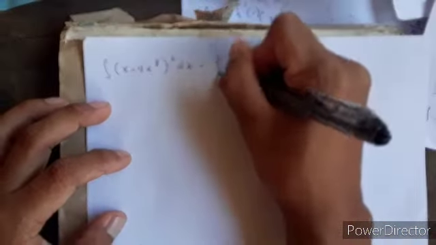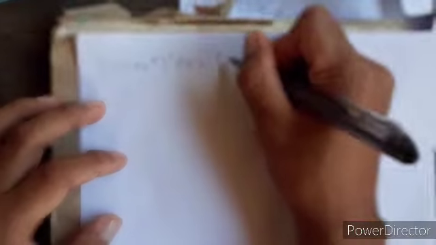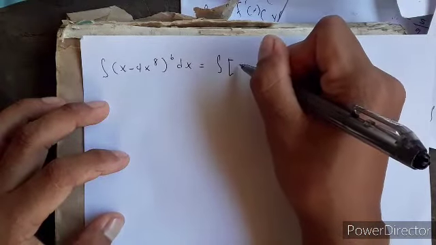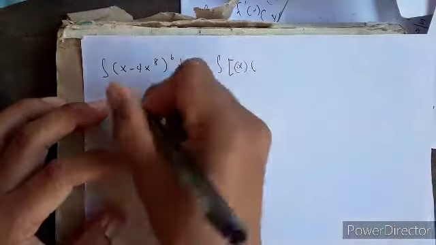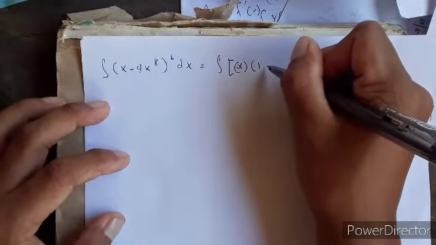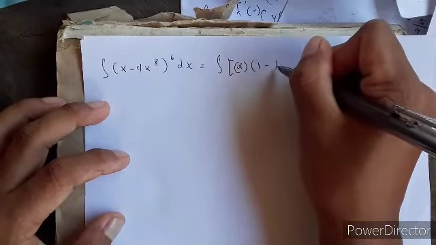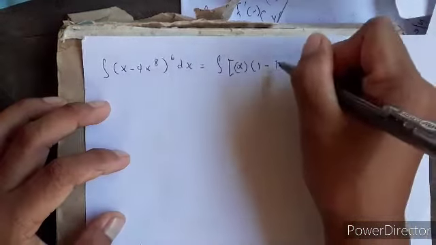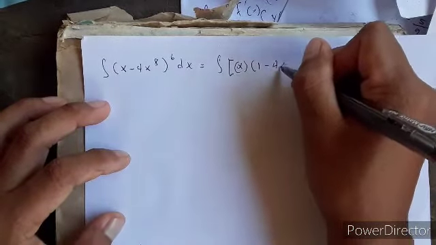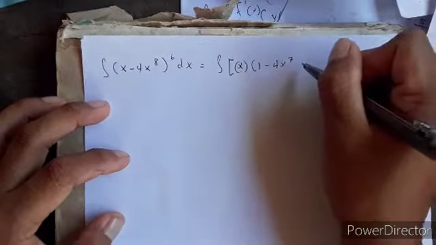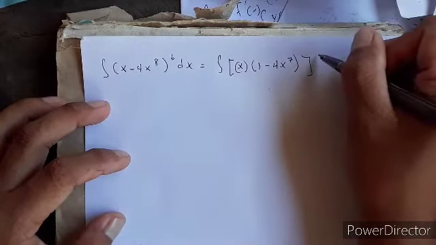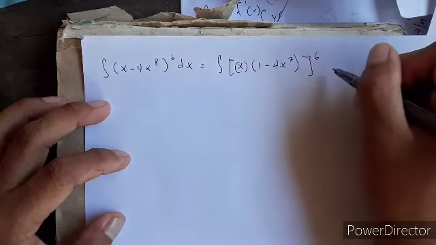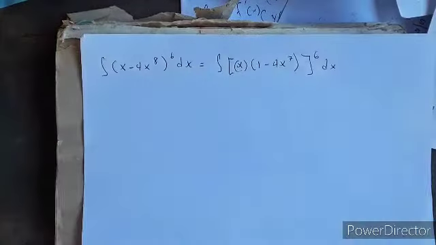So we have the integral of x multiplied by 1 minus 4 x raised to 7, and these are all raised to 6 dx.